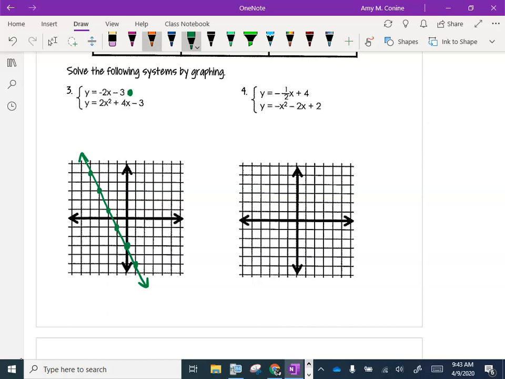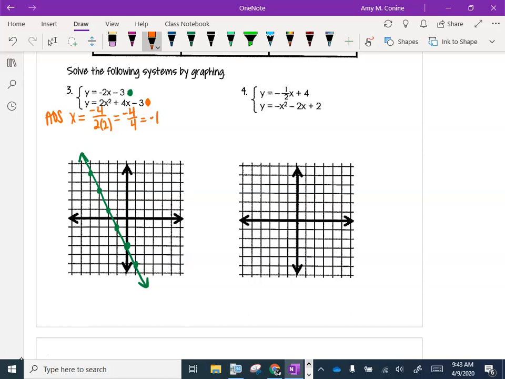So then I'm going to do my quadratic in orange. And we're going to find your vertex. So your axis of symmetry, x equals opposite b over 2 times a. And this is stuff you need to know. This is not on your reference sheet, so you need to know it. So that means my axis of symmetry goes through -1.